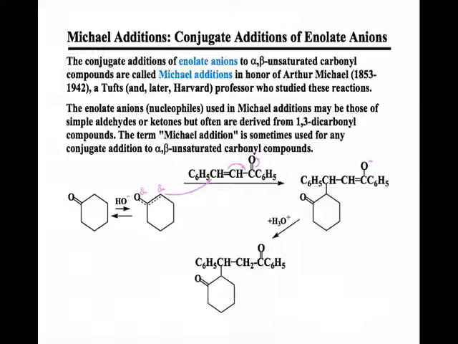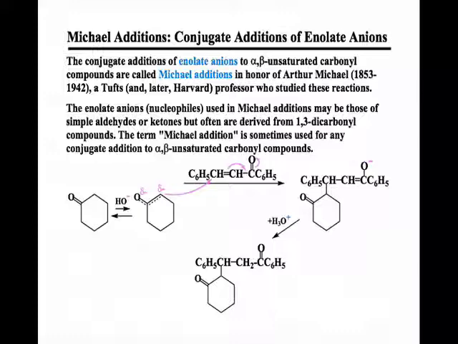Enolates. We know that enolates are good nucleophiles. Enolates also react at the Michael carbon and give new carbon-carbon bonds, again, not at the alpha carbon, but the beta carbon of the original alpha-beta unsaturated ketone. So enolates also prefer to do Michael chemistry when given the option.